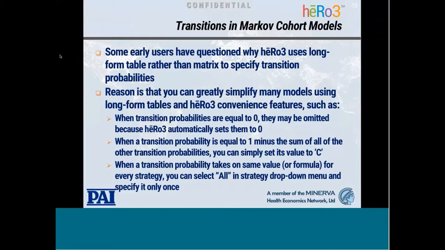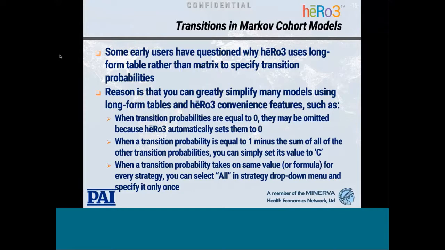The reason that we've done that is there's a few reasons that make it more convenient to do it this way. First off, oftentimes transition matrices are very sparse. There's a lot of transitions that are simply not possible. Because of that, we find the long-form approach to be more convenient because it allows you to just omit those entries. Instead of having a gigantic transition matrix, often you have a very approachable, limited number of transitions that you need to define.